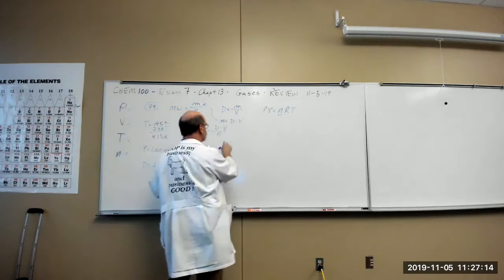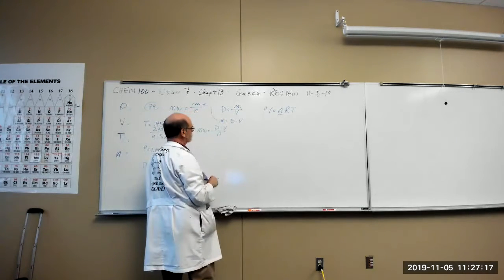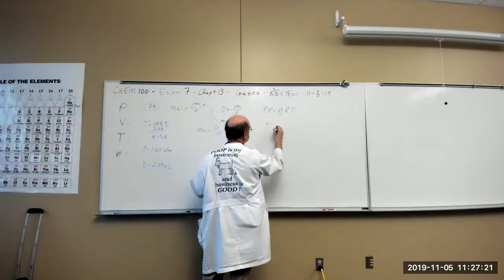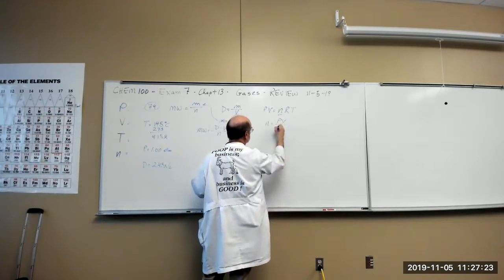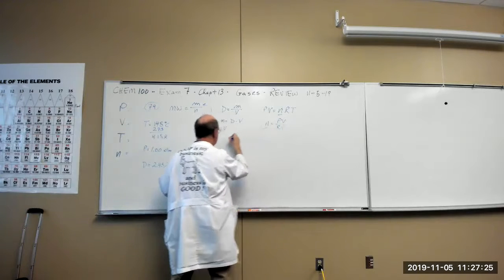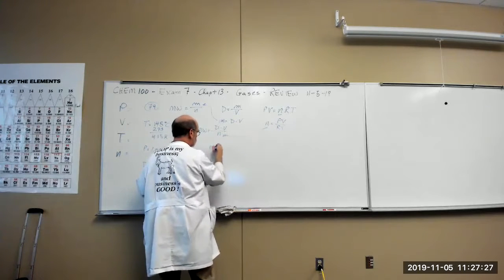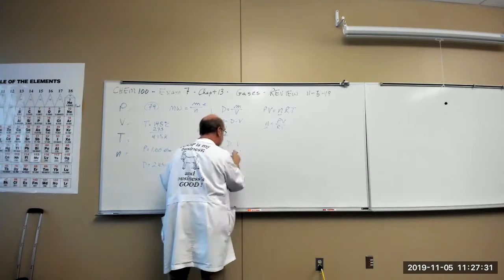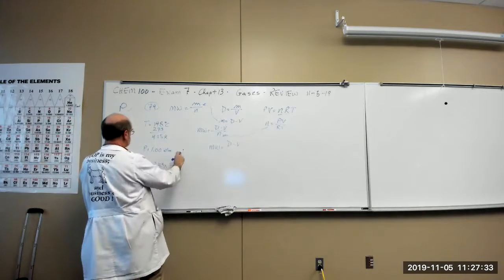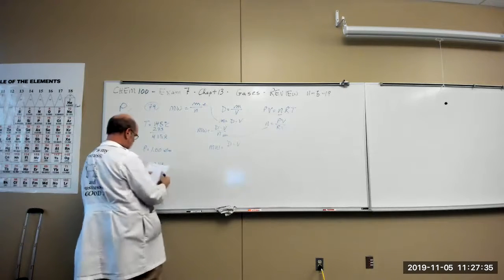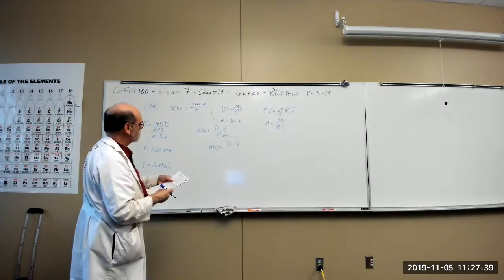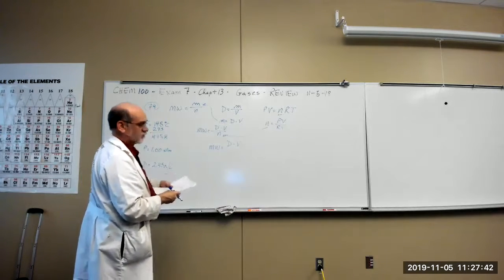Then we need something to substitute for moles. So if we solve this one for moles and substitute that in here, we have density, volume. We're keeping density and volume. We're also given volume too, aren't we? No, we don't need volume. I'll show you why.